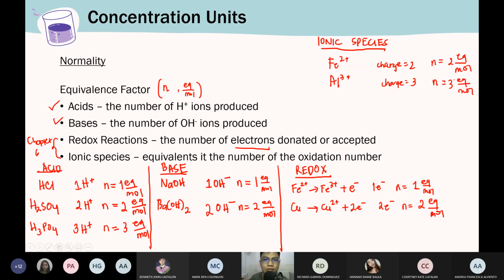So do you see the complication now with normality? And this is the reason why IUPAC doesn't recommend it anymore. Okay. Dati ginagamit to, but look at how complicated things are. I don't like it. Okay. So, sabi ng IUPAC, wag niya na gamitin yan. Mag-molarity na lang kayo. So, saan to ginagamit?